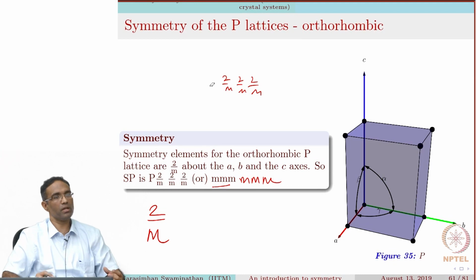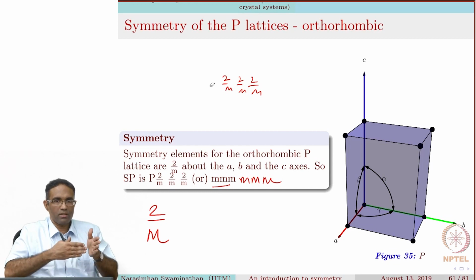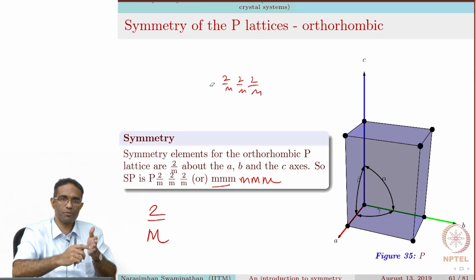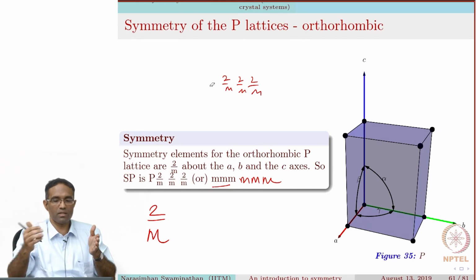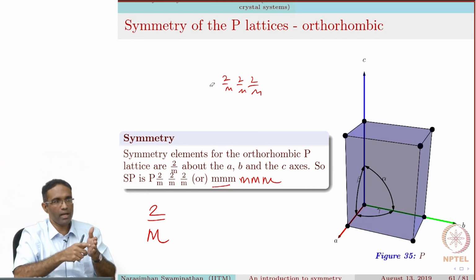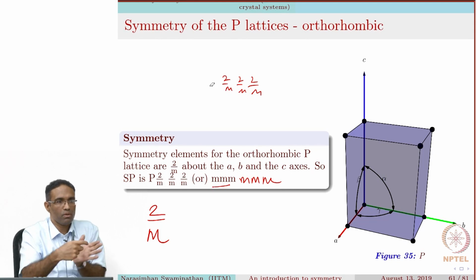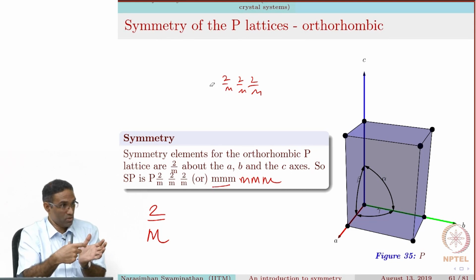Tetragonal. What is tetragonal now? A is equal to B. So basically the base is going to be a square, right? And on the sides you are going to have the corresponding rectangles, right? So in a way, at least 2 directions are similar to orthorhombic, and 1 direction is going to be similar to cubic, right?